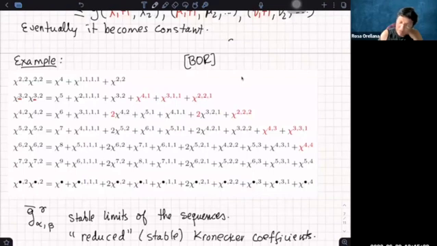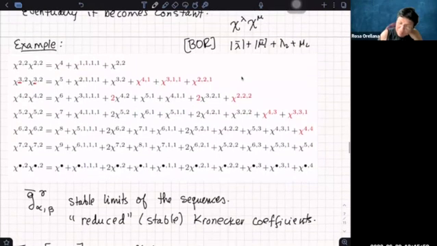If you have the Kronecker product of two, maybe I say k lambda chi mu, it is bounded by lambda bar plus mu bar plus lambda 2 plus mu 2.